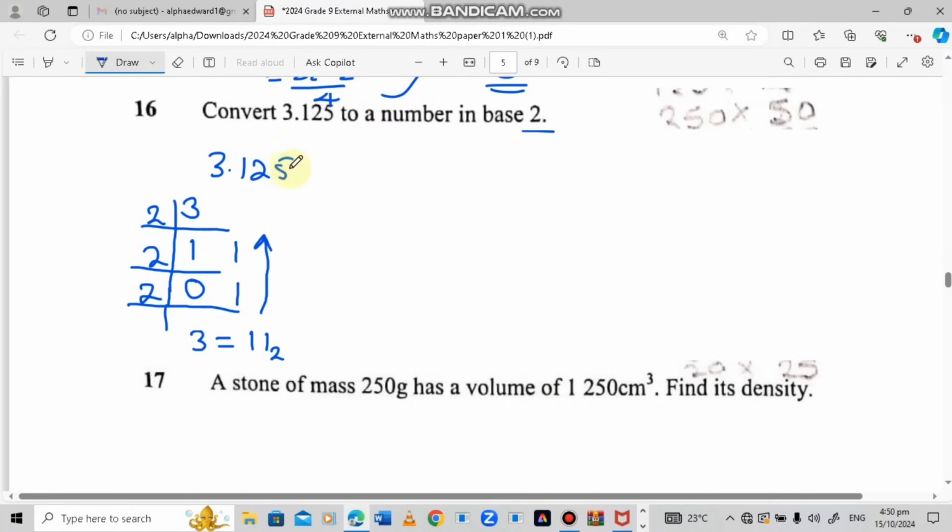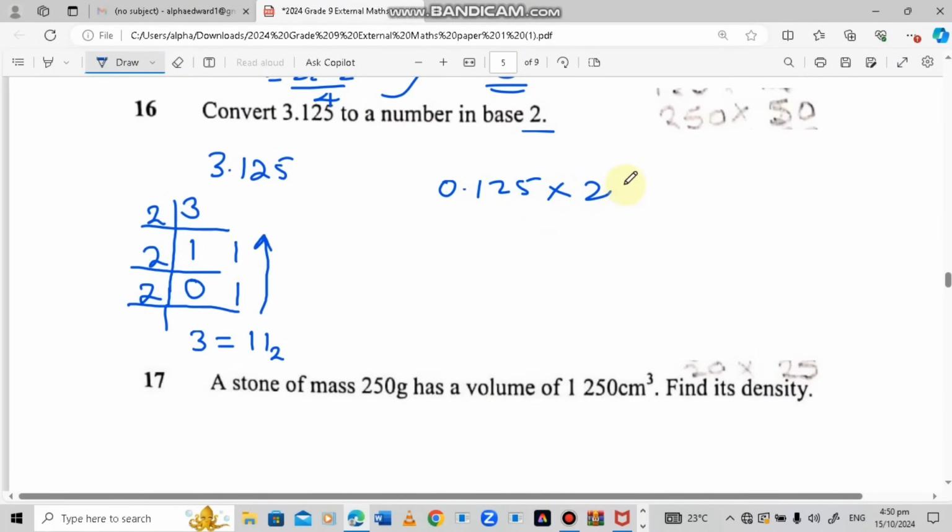Okay? Alright, remember we have the decimal part, which is 0.125. Alright? So for us to convert this into base 2, we are going to multiply by 2. In the first place, when it's a whole number, we were dividing by 2. But when it's less than a whole, we are going to be multiplying by the same 2.